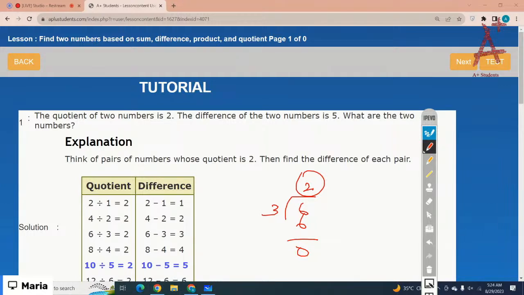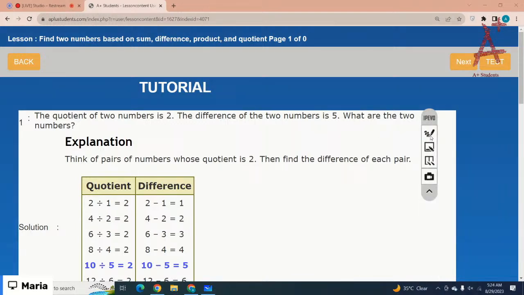When you divide them, their answer is 2, and when you calculate their difference it is 5. So you can see here 10 and 5 are the two numbers. When you divide them, it makes 2, and when you subtract them, it makes 5, right? That means the correct option is the numbers 10 and 5, right?